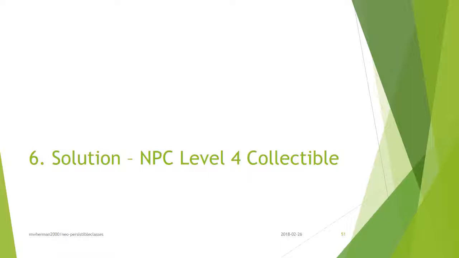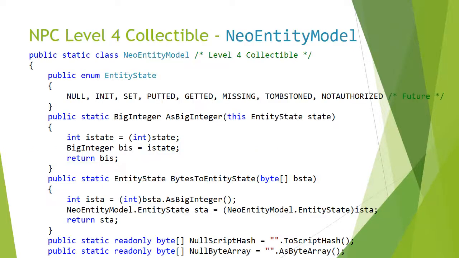Level 4, collectible. So collectible is where we implement these strange beasts called network storage keys. Nothing really needed to change too much here in the Neo entity model. You'll see that in addition to tombstone, there's another thing called not authorized.